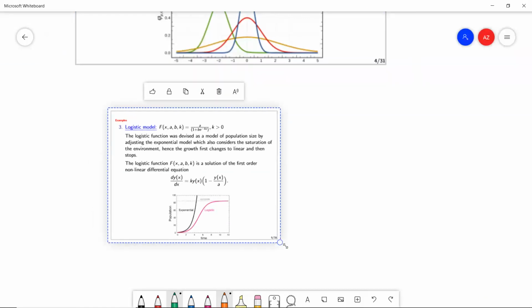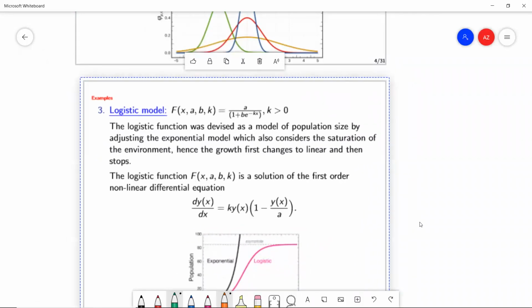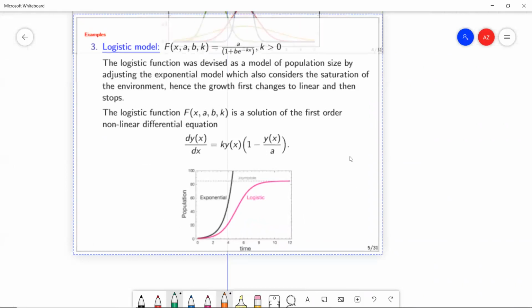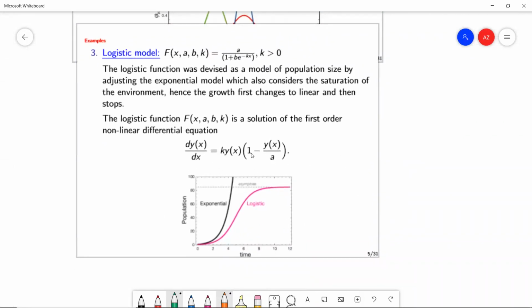So it's here. Our differential equation, as I said, we added here 1 minus y over a, or we could also write here a minus y and put this a in front of the parentheses.